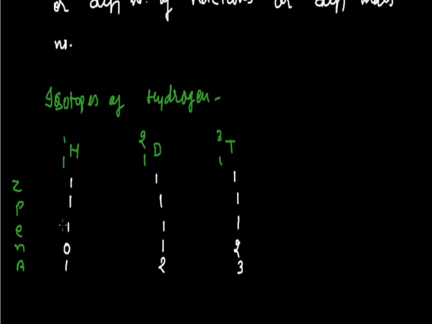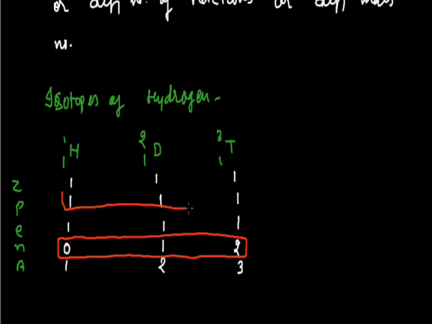So here you can see there is a difference only in the number of neutrons in all these three atoms, but the protons are the same. Now we can compare here. In the first one, that is 1H1, number of protons is 1 and number of neutrons is 0. In case of 1D2, number of protons is 1 but number of neutrons is also 1. In case of tritium, number of protons is 1 and number of neutrons is 2.